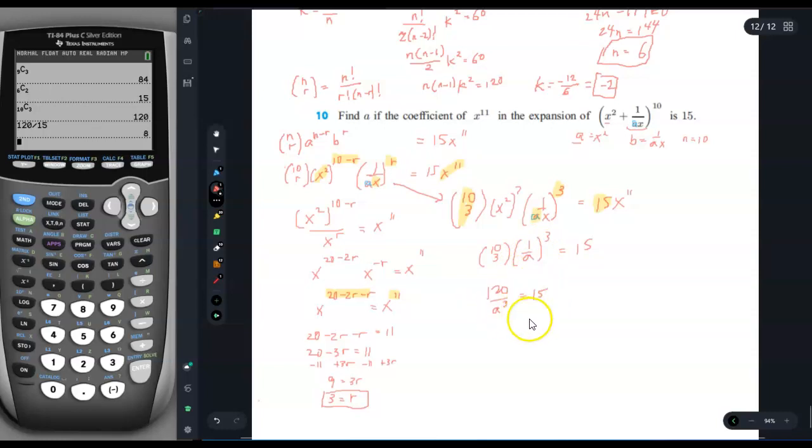Let's multiply both sides by a cubed. 120 equals 15 a cubed. And then a cubed equals 120 divided by 15. A cubed equals 8. And a equals 2.